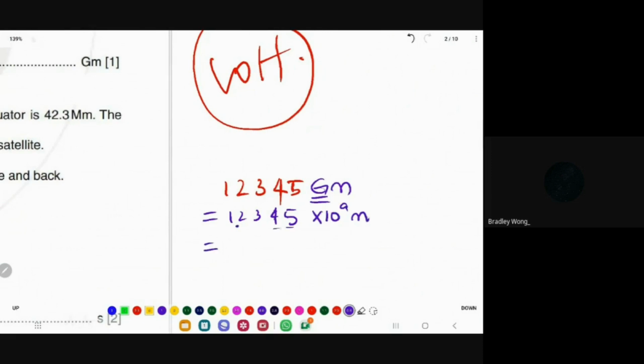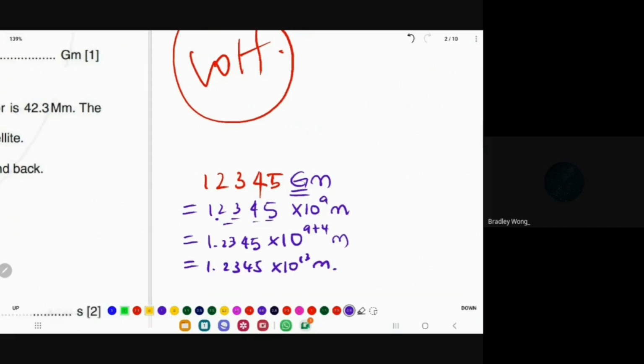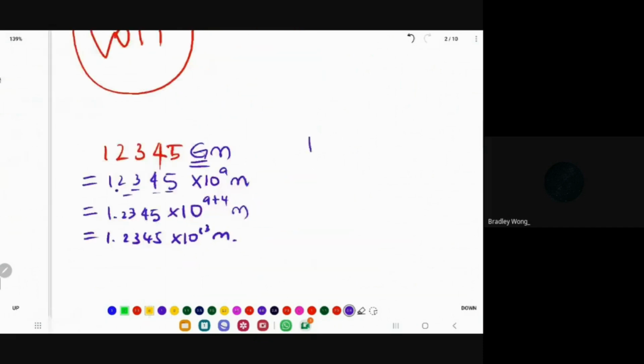How many? 1, 2, 3, 4, 4 zeros, correct? I take away 4 zeros, so I have to give back the 4 zeros now. Understand?